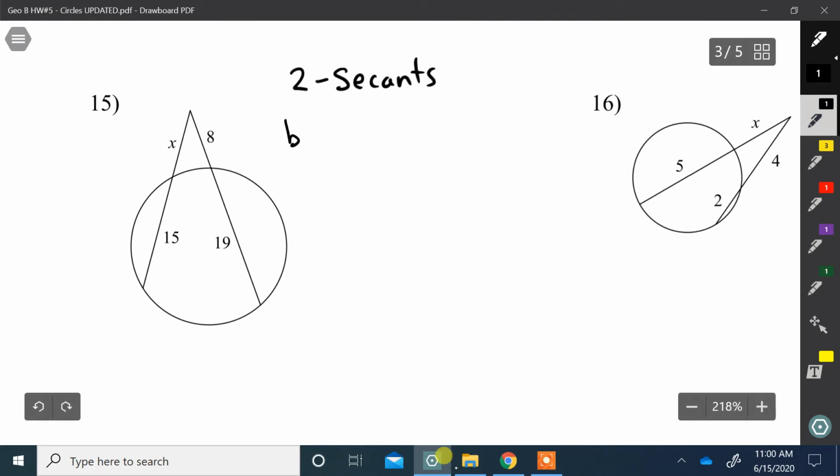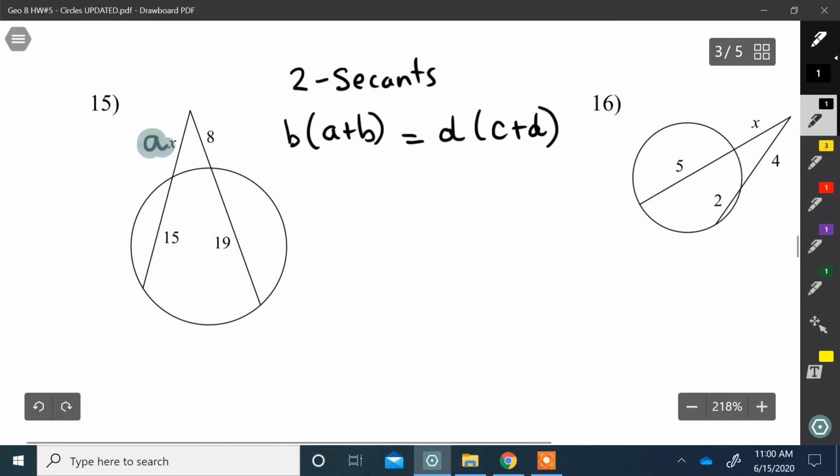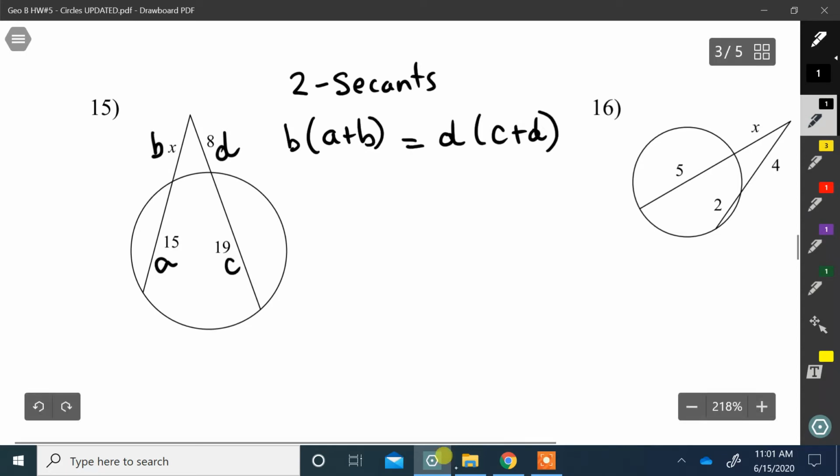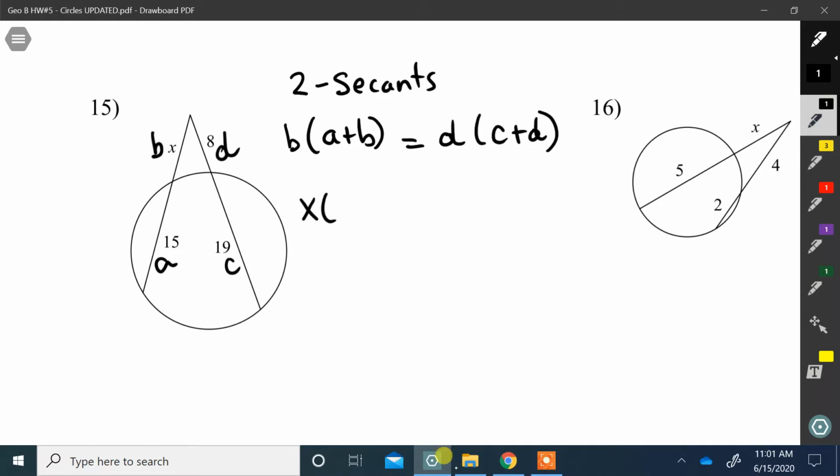So we have B, then A plus B is equal to D, C plus D. That is my formula. Again, the B goes with the A, and then the C goes with the D. Okay, so the B in this case is x, the A in this case is 15.